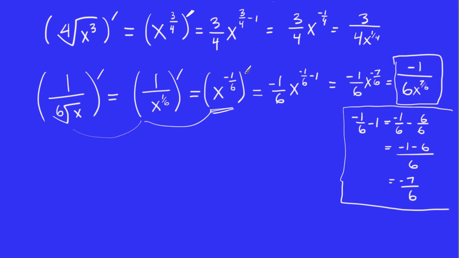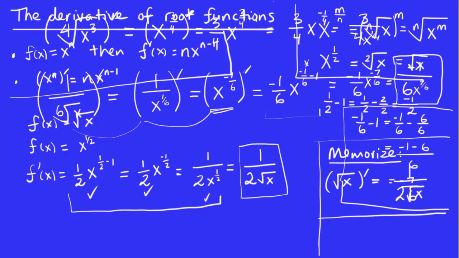Notice here we have a prime, which means we haven't done the derivative yet. But right here, the derivative sign is gone, which means we have finally computed the derivative of that. So this is using power rule to find derivatives with roots in it, root symbols, okay?